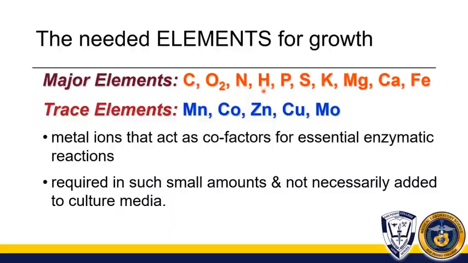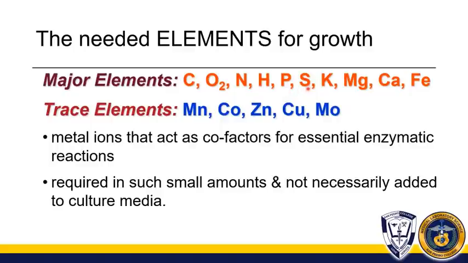It's the main constituent of organic compounds and cell water. Phosphorus, 3%. It's also a constituent of nucleic acids, nucleotides, phospholipids. In the cell wall of bacteria, they are found attached to the lipopolysaccharides and teichoic acids.